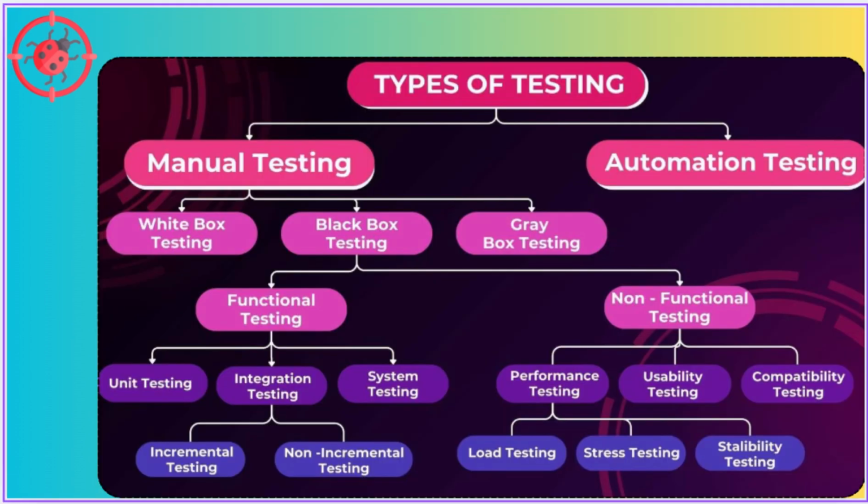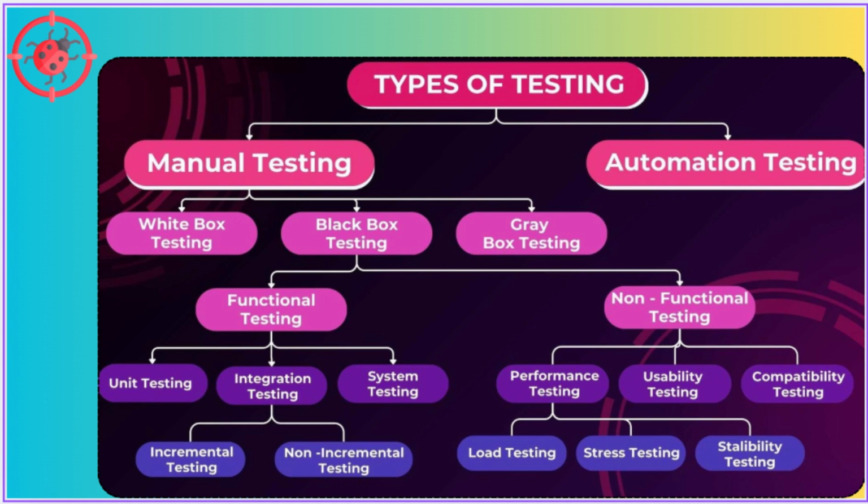There are two types of testing: manual testing and automation testing. In this video, we cover the manual testing side, and here we follow the hierarchy, which is a top-down approach and a bottom-up approach.